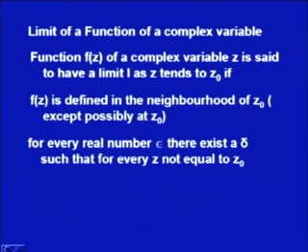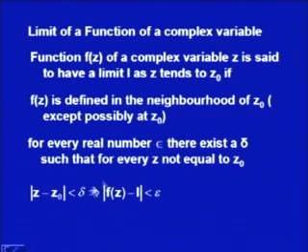Further, for every real number epsilon which has to be positive, there exists a positive delta such that for every z not equal to z naught we have modulus of z minus z naught less than delta implies modulus of f(z) minus L less than epsilon.